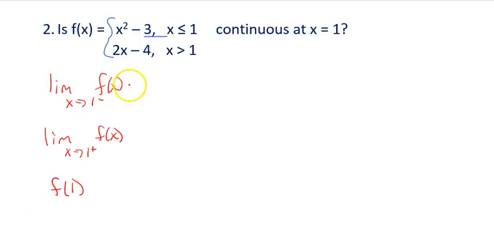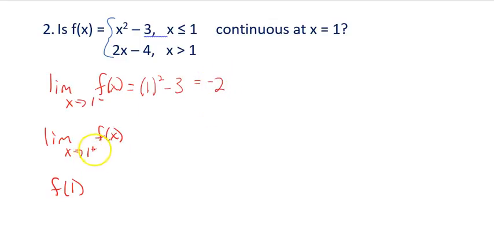With a piecewise function, when I'm trying to determine the limit as we approach 1 from the left, I have to decide which equation is on the left side of 1. So x less than or equal to 1 is the left side, x greater than 1 is the right side. So for the left side, I'm plugging into x squared minus 3. So 1 squared minus 3 is going to be negative 2.